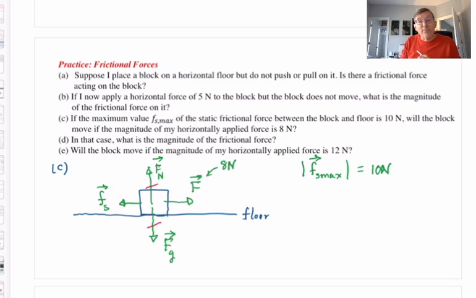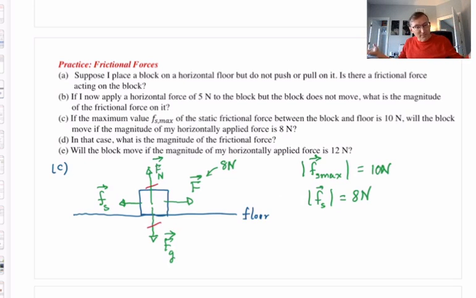If F static can balance it, then that's what's going to happen and there'll be no motion of the block. So the question is, can F static balance that applied force of 8 newtons? Sure, that's why I needed to know what the Fs max magnitude was, because I can't get an Fs bigger than Fs max. But all I need in this case is an Fs magnitude of 8 newtons to keep the block from moving.